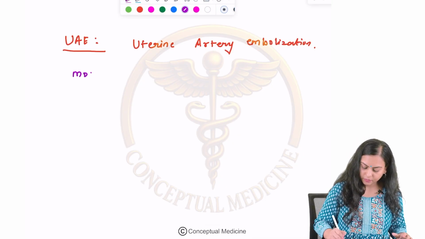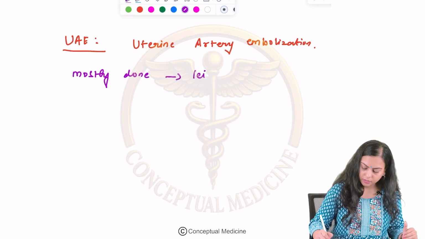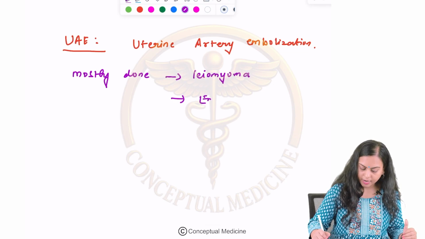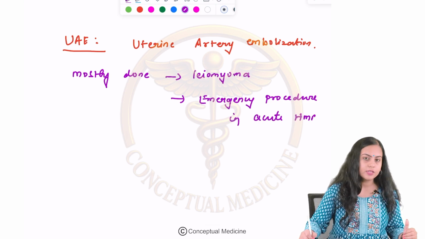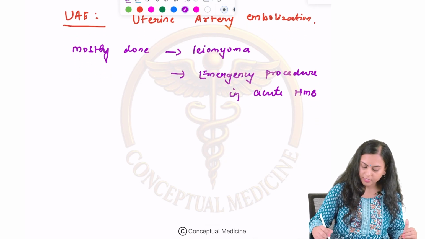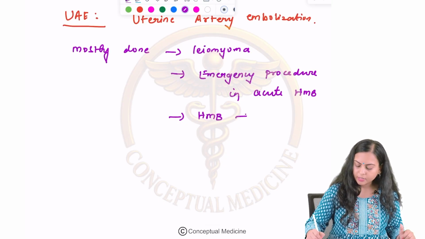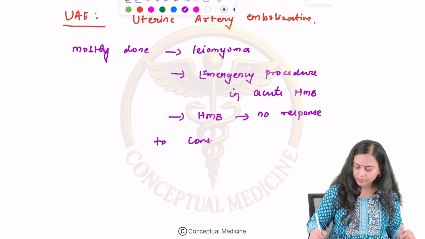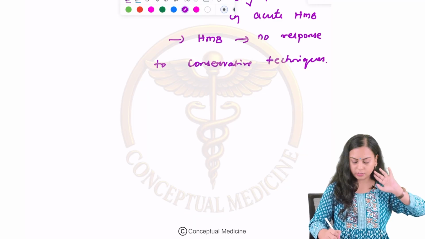So this is mostly done when it is associated with leiomyoma, and it is done usually as an emergency procedure in acute heavy menstrual bleeding, okay, and sometimes it can also be offered in heavy menstrual bleeding that is showing no response to conservative technique. Clear? So this is about uterine artery embolization.